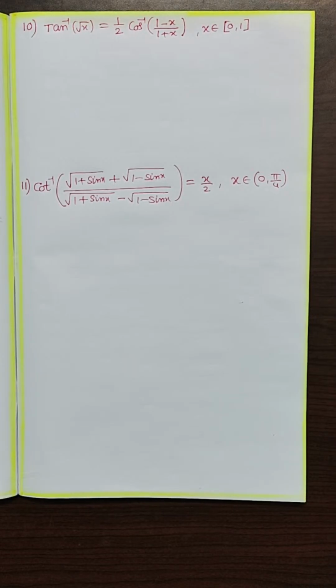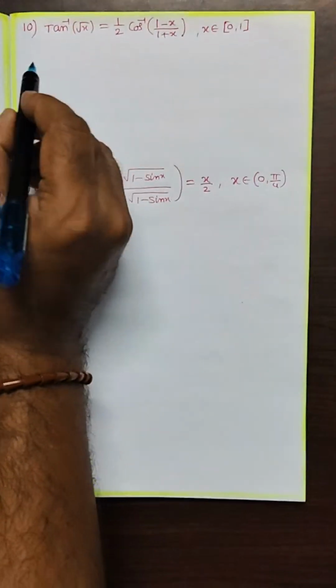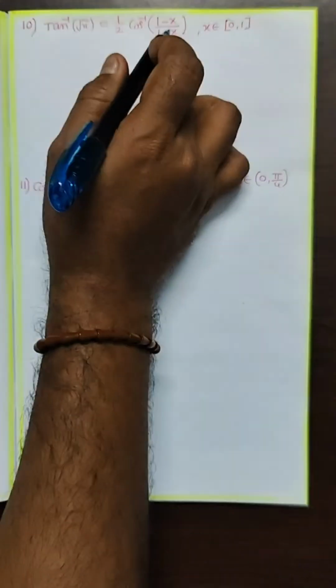I hope you got good clarity on this. So tan inverse root x. You have to consider LHS and RHS.